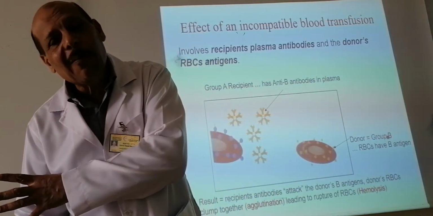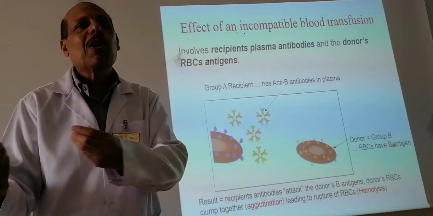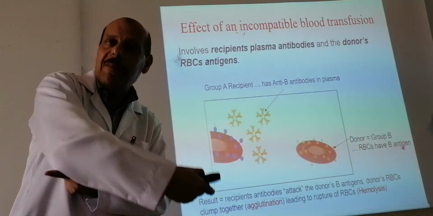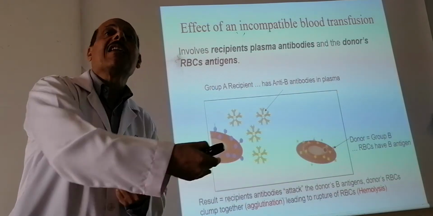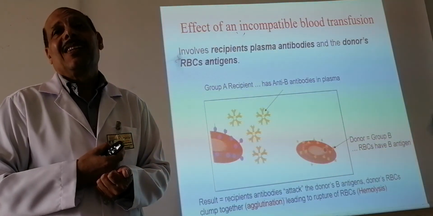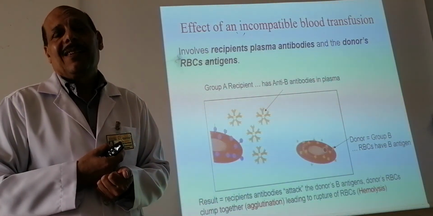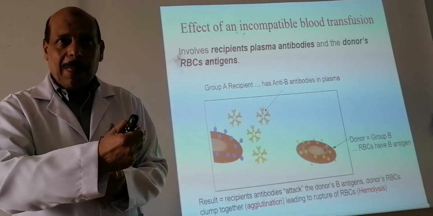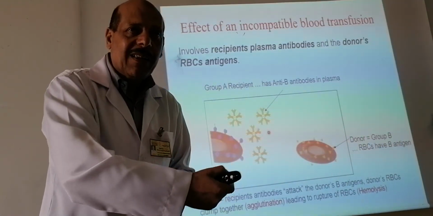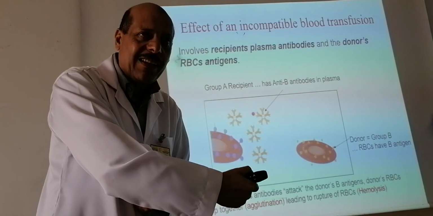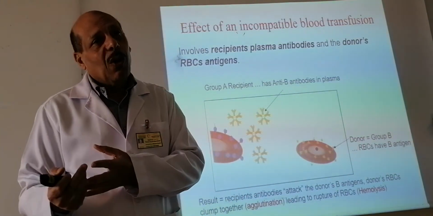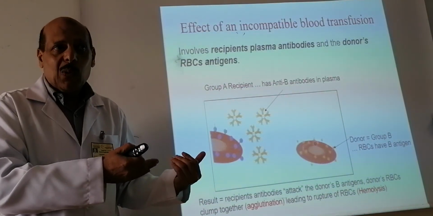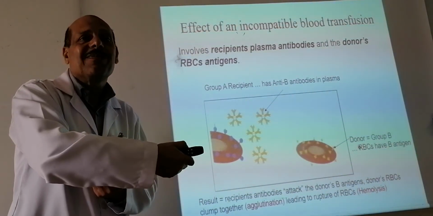So we are giving him blood, but instead of helping him, we are aggravating his condition. If we give a different blood that is not suitable for that client, instead of helping him, we are aggravating his condition.